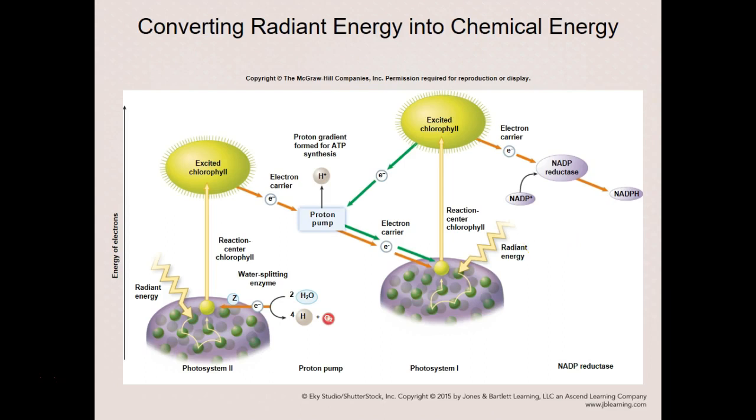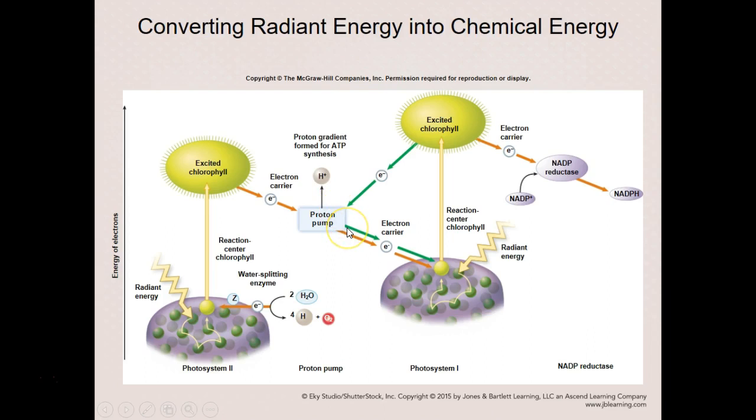If this is cyclic photophosphorylation, we're only using photosystem 1. In that case, the electron that enters the reaction center of photosystem 1 gets activated, moves up in excitement levels, and then immediately jumps down, activating the electron transport chain to produce more ATP, to drive hydrogen ions across the membrane, and then have the hydrogen ions go back across through the ATP synthase.